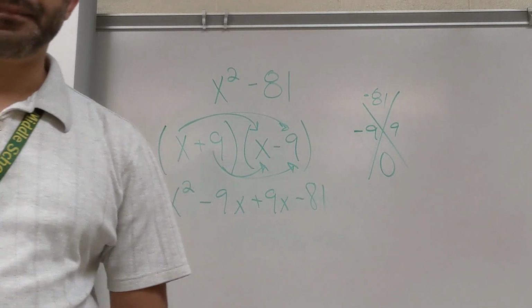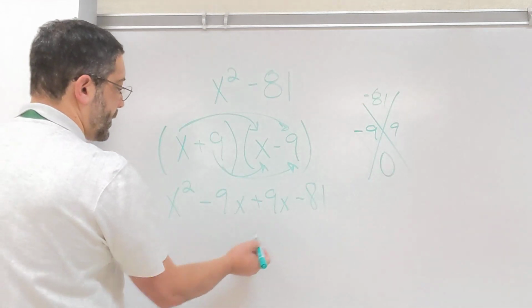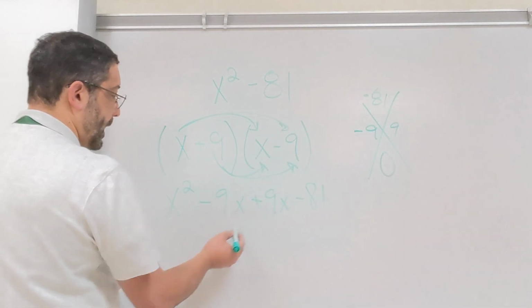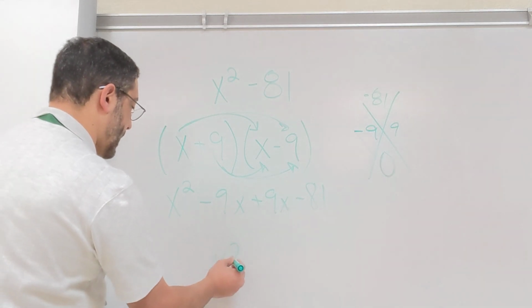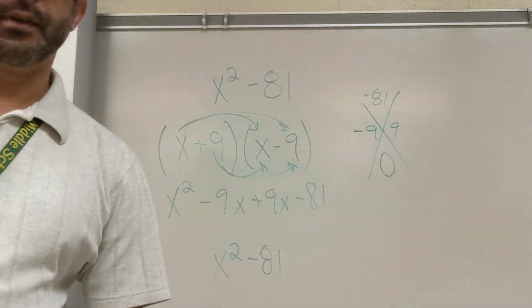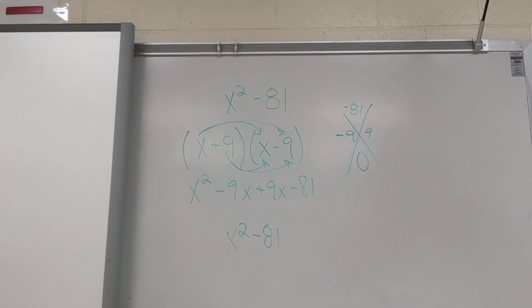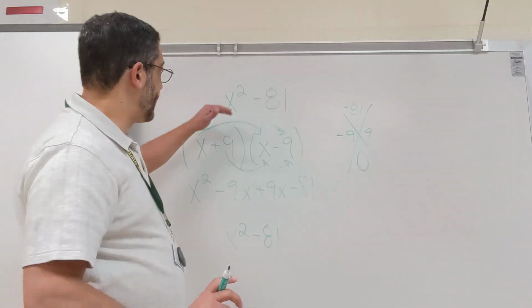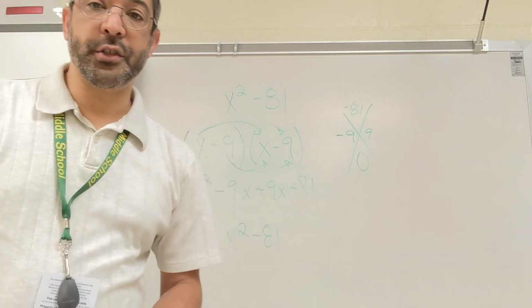So if I go to simplify this and put it in standard form, I can look right here and see negative 9x plus 9x becomes a 0. So I have x squared minus 81, which is the same that I started off with. Okay? So this is what we call sum and difference of squares. All right, so let me show you another one.